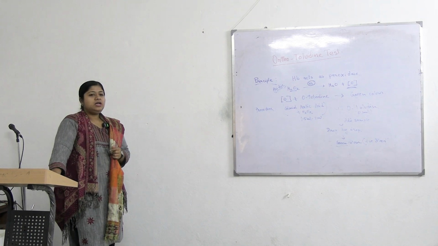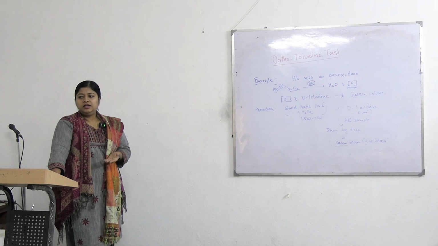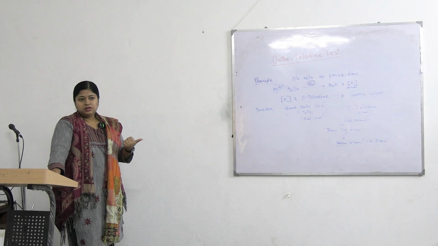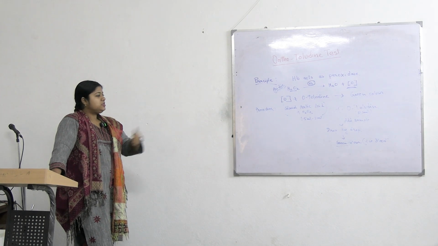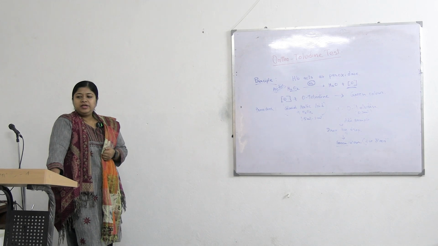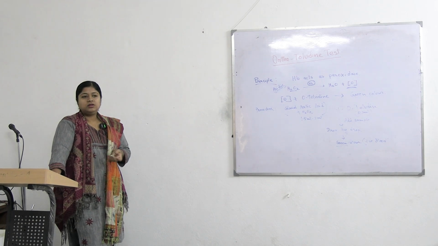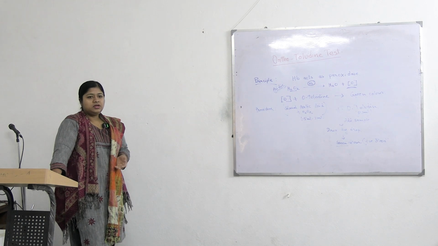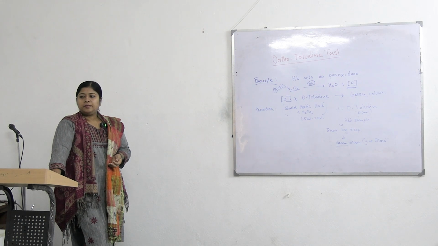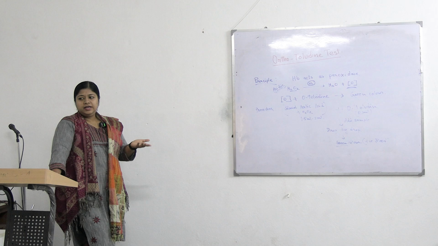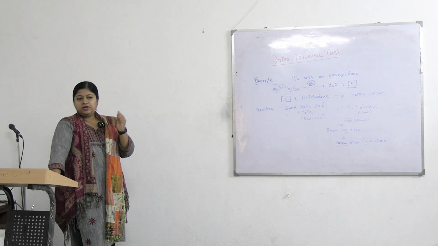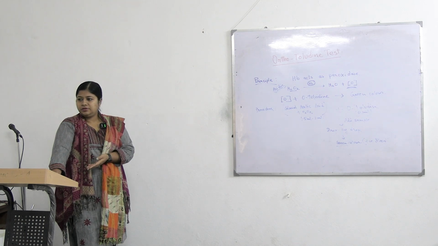Now coming to the discussion again. If the green color change is positive, then you will be asked the pathological conditions. So what are the pathological conditions? Just for a quick revise, it can be pre-renal, renal and post-renal.